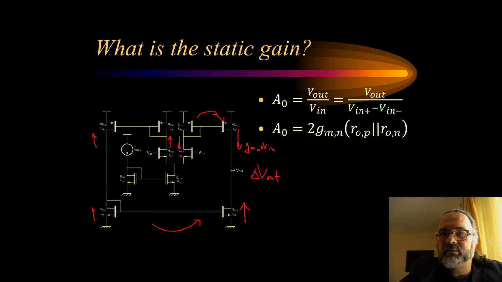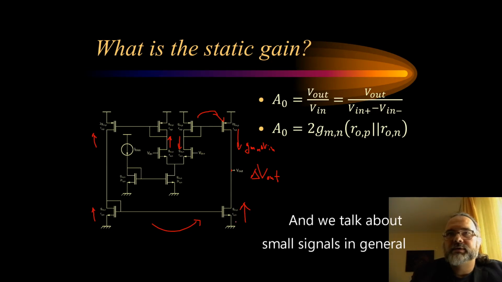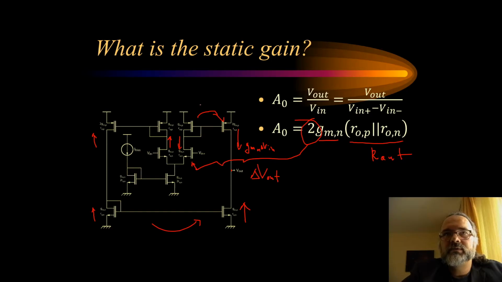And the equivalent output resistance at this node is the output resistance of the PMOS transistor in parallel with the output resistance of the NMOS transistors. Keep in mind that we talk about small signal output resistances. So this is R out, this is the GM of the input transistors, and this 2 is due to this current mirror. So this is the static gain.